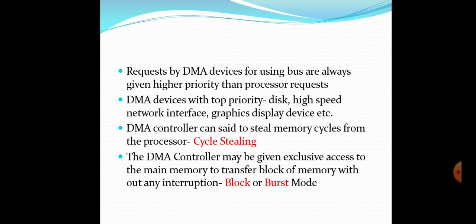Normally, the bus cycles are associated with the processor. In the case of DMA transfer, this DMA controller uses the bus cycles of the processor. So, the DMA controller can steal memory cycles from the processor, and this process is called cycle stealing.